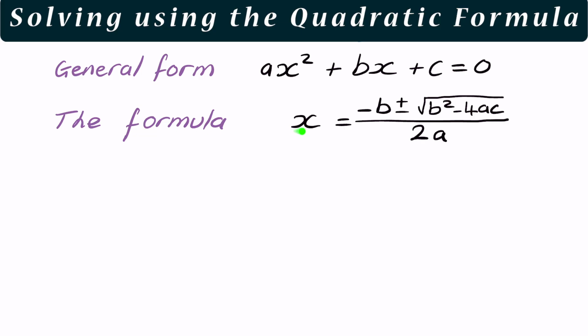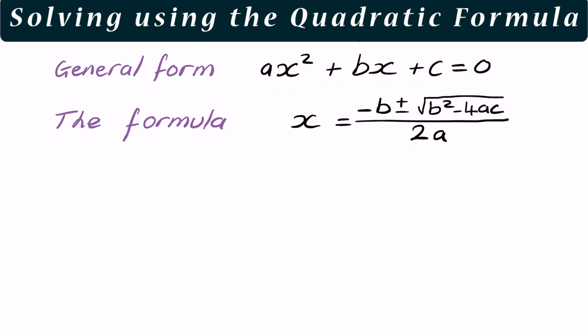And the formula is x equals negative b, so you use the coefficient of the x term, plus or minus the square root of b squared, that's the coefficient of x, minus 4 multiplied by a, which is the coefficient of x squared, multiplied by c, the constant term, all divided by 2 multiplied by the coefficient of x squared. It's useful to know, though not necessary, and we won't go into great detail here, that the actual formula is derived from completing the square of the general form.